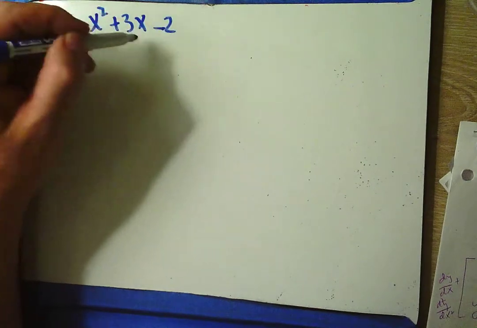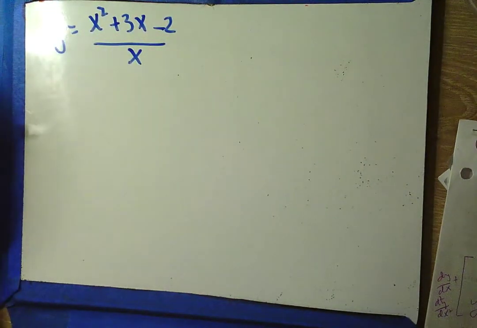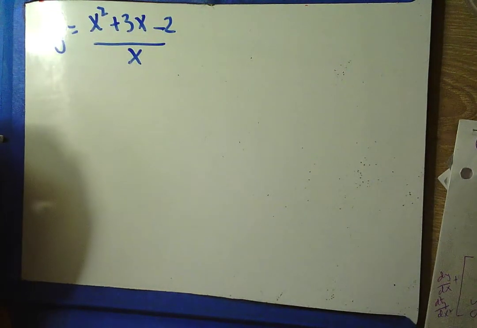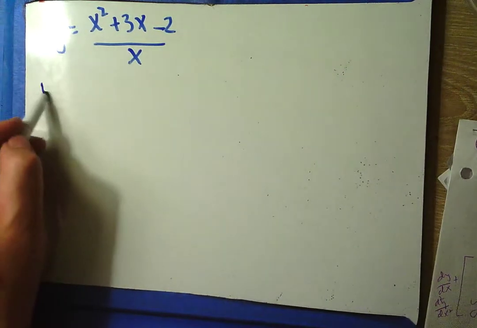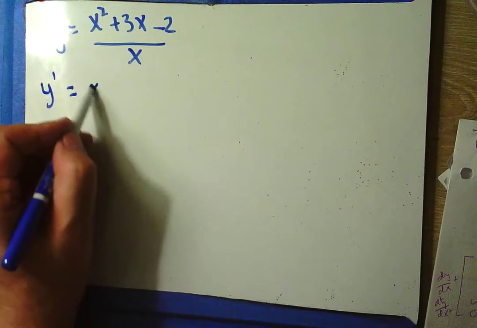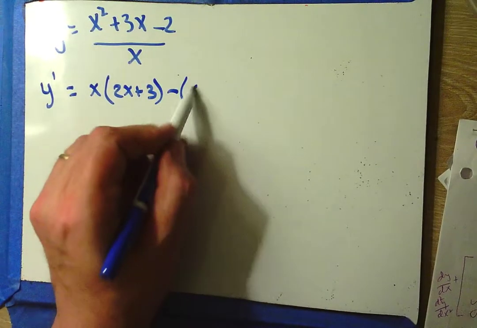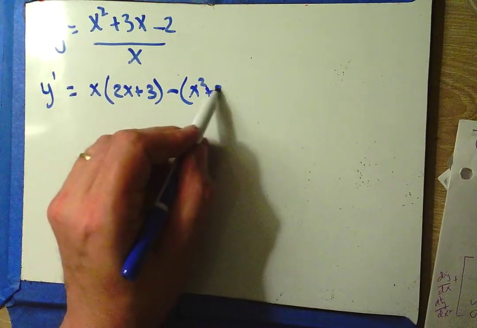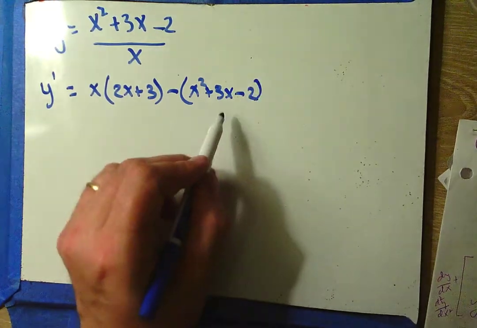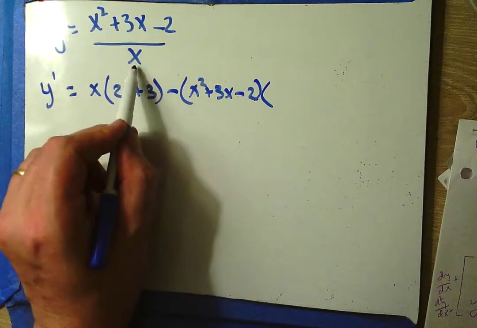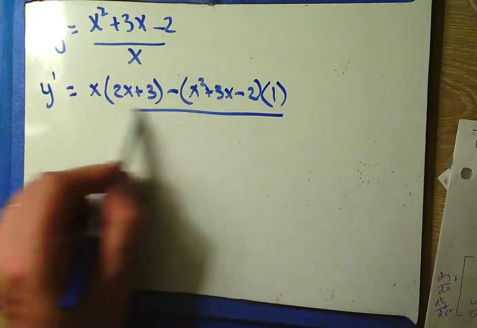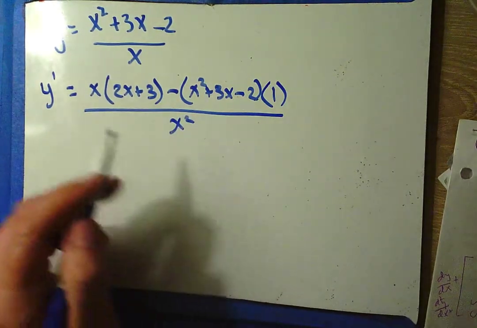Y equals x squared plus 3x minus 2 over x. And I'd like to consider doing this problem two different ways. One is, of course, with the quotient rule. Low d high minus high d low. The derivative of x is 1 over low squared.